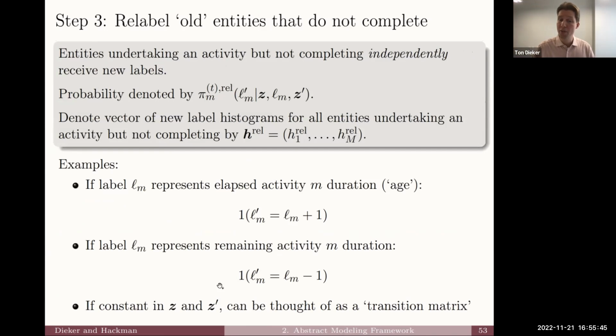If the label represents the remaining activity duration, the label just goes down by 1. More generally, you can think about this primitive as a transition matrix that can also depend on the current and next count vectors. Okay, and together, these new labels can be represented in histograms that we denote by H_REL.